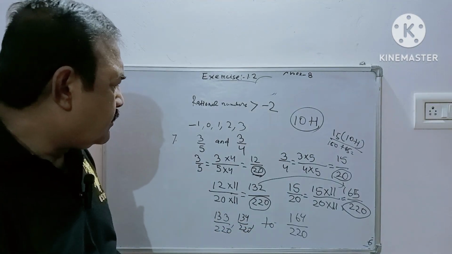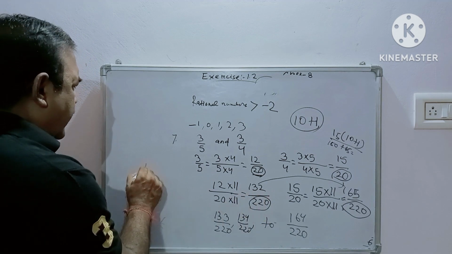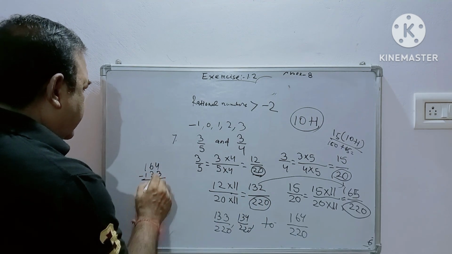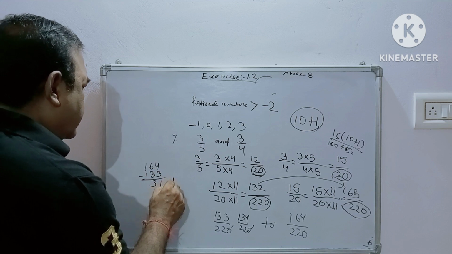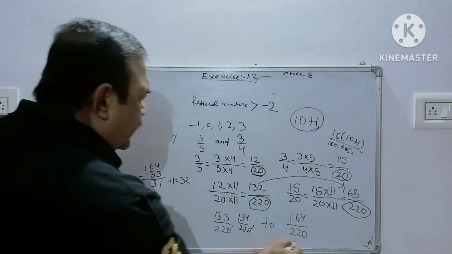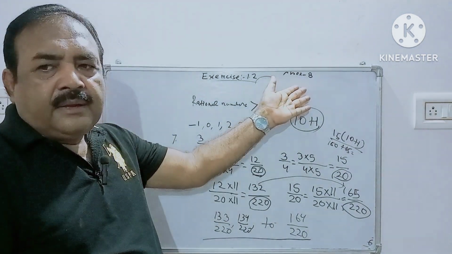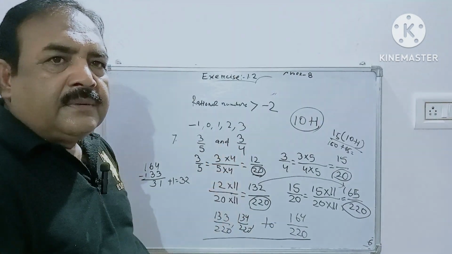Yes or no? So how many numbers will we find here? 164 minus 133, that is 31, then plus 1, that is 32. We will find 32 numbers and we have to select only 10. Any 10, it depends on you.